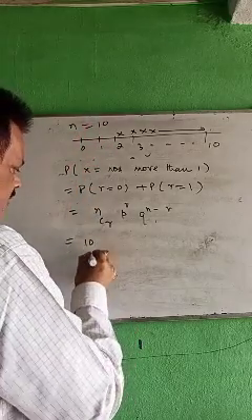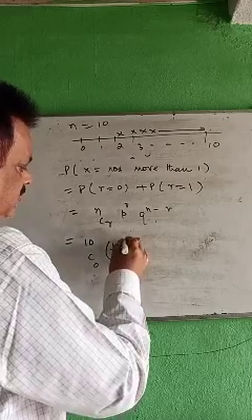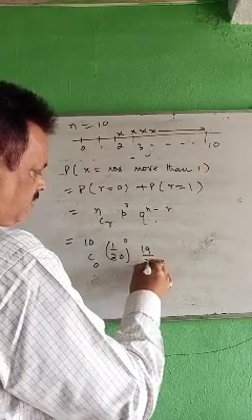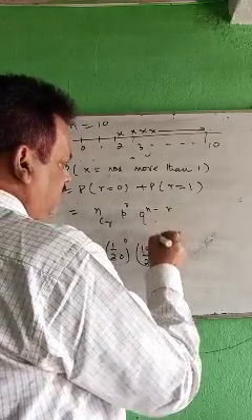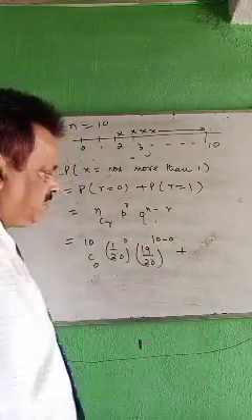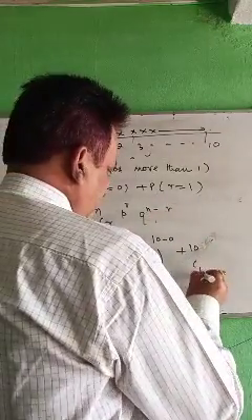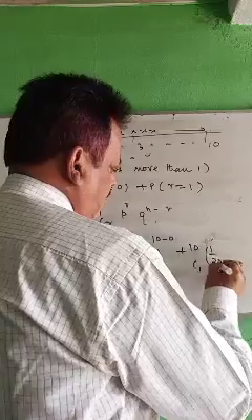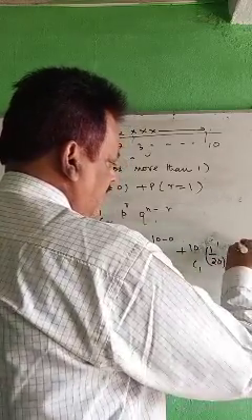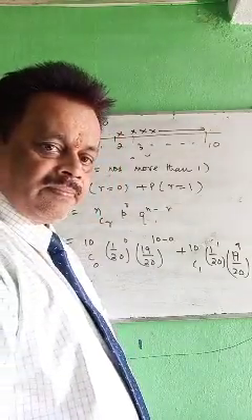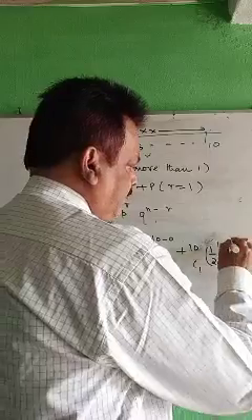10. 10C0, 1 by 20 power 0, 19 by 20 power how much? n minus r, 10 minus 0. This is for r equals 0. For r equals 1, this is 10C1, 1 by 20 power 1, 19 by 20 power 9, directly you can write 9 or 10 minus 1.